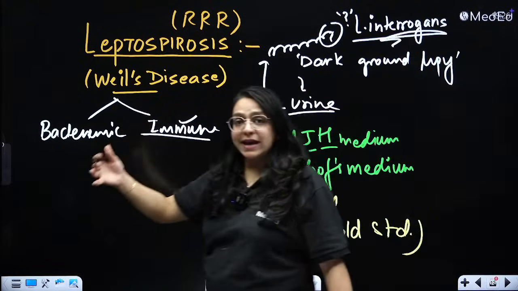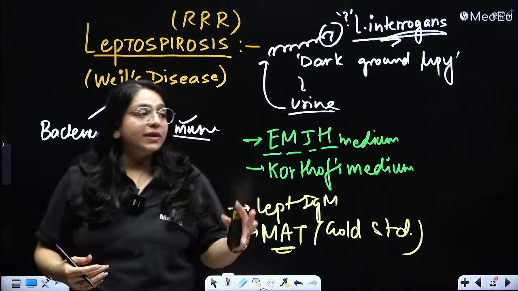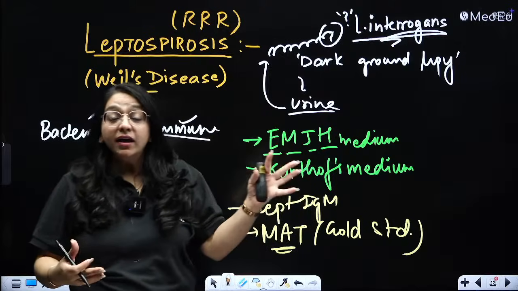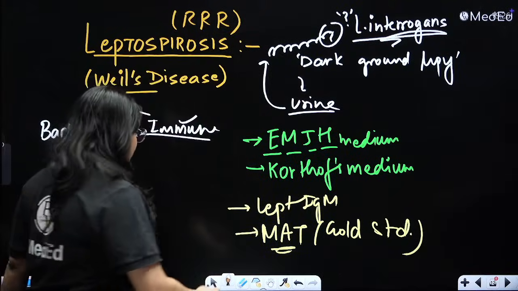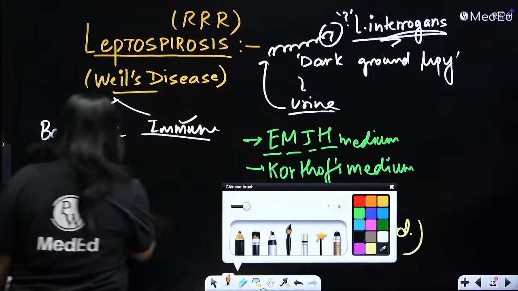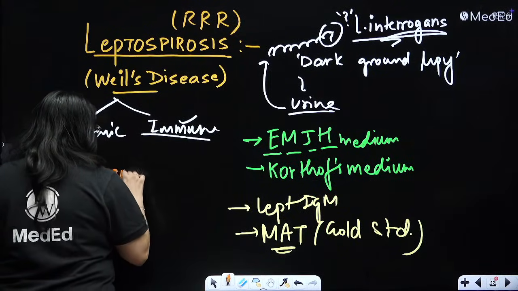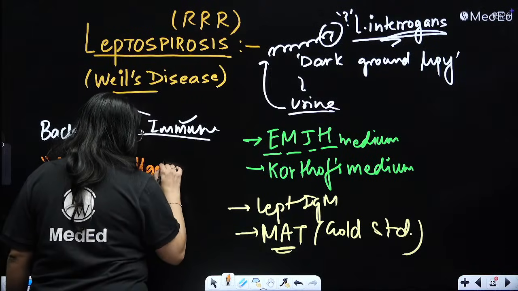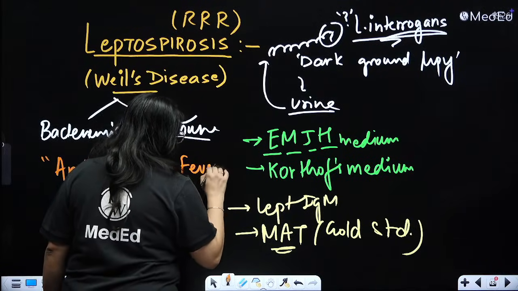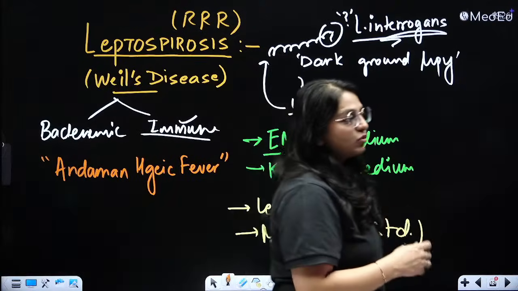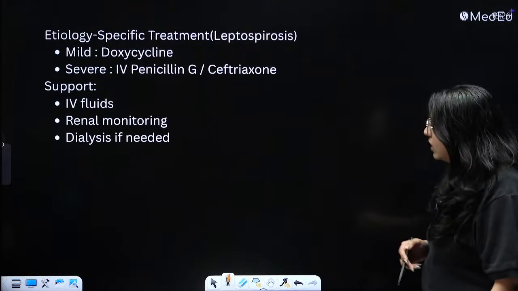Of course, there are serotypes: Leptospira interrogans var australis, var pomona, var andamana. From this, you have to remember it is also called the Andaman hemorrhagic fever. Okay, all of the important pointers for MCQs all summed up in a single slide for you.